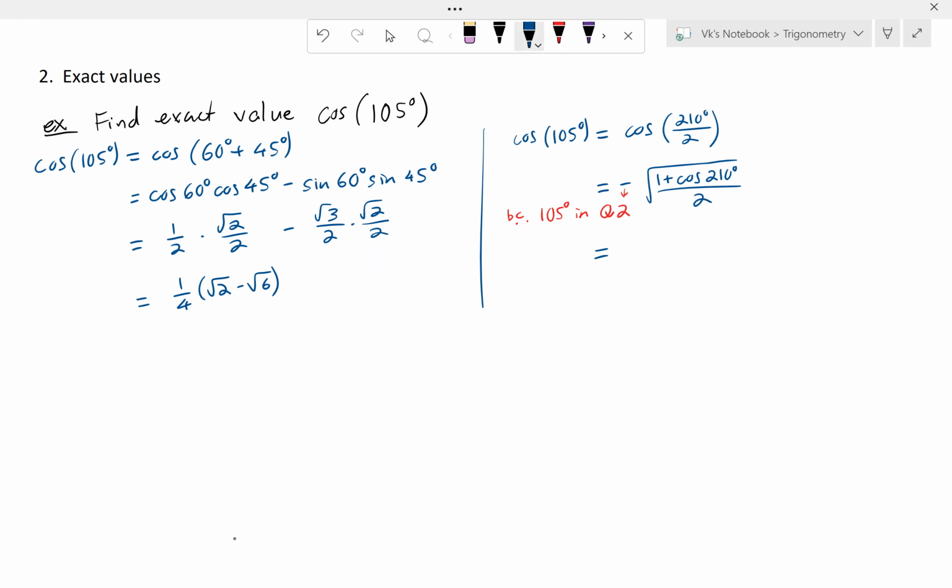And this gives us negative root of 1 plus, okay, so cosine of 210 is negative root 3 over 2, over 2. Well, we can simplify this to be negative root of 2 minus root 3 over 4.